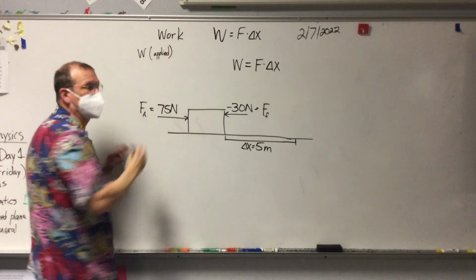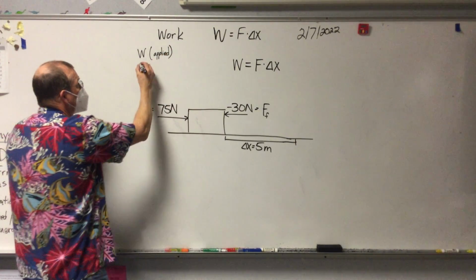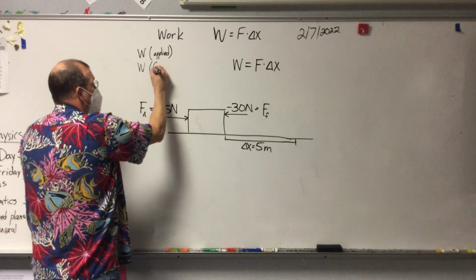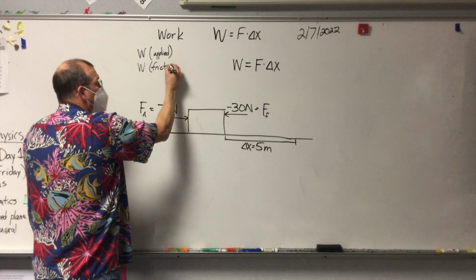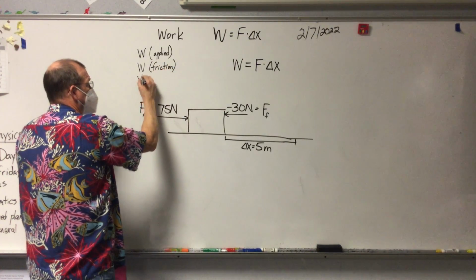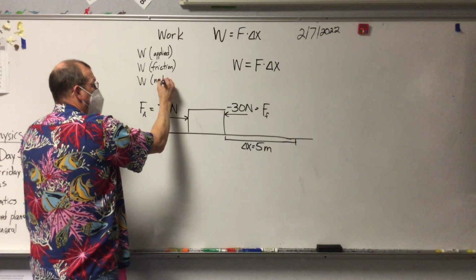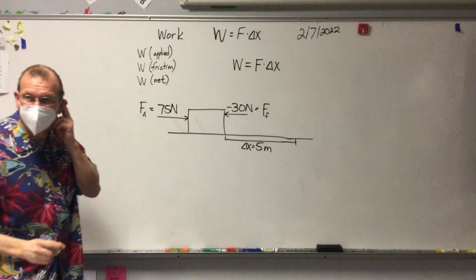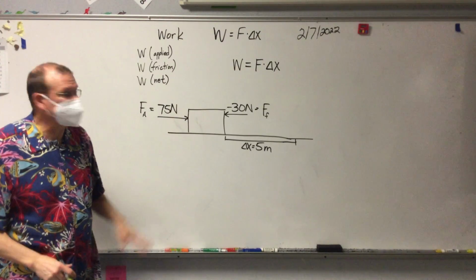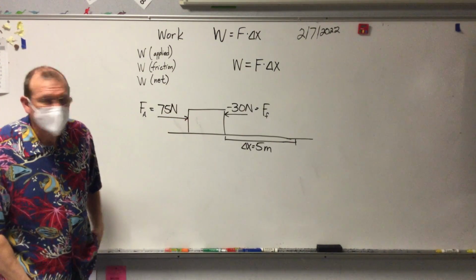We could call it the applied work. There's the work done by friction. And then there is the idea of how much net work is actually done on the object.